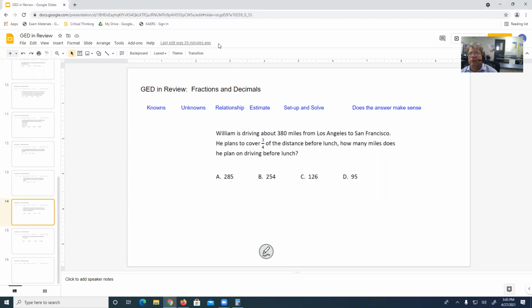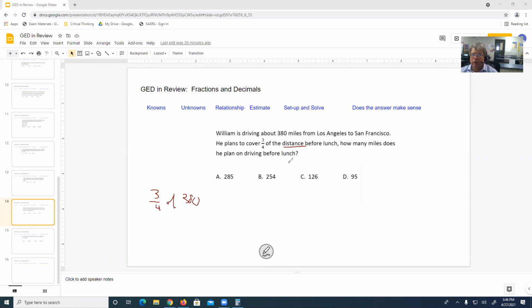What I'm picking up on as far as known information is he's going to drive 3/4 of the 380 miles, because that's the distance that we're looking for. So these kind of work together, 3/4 of this. So 3/4 of 380. How many miles does he plan to drive?